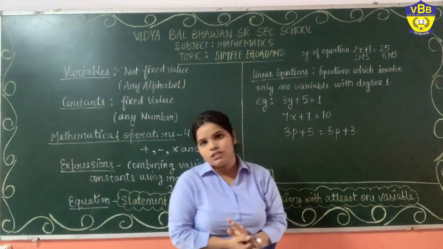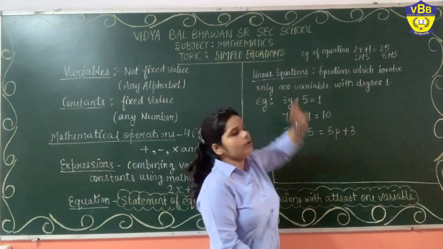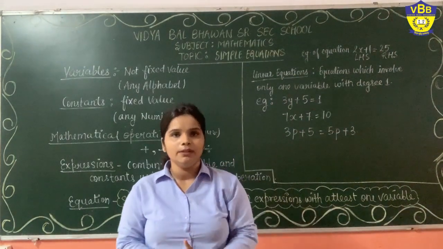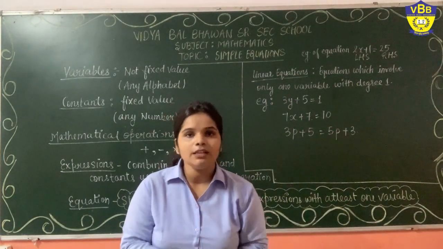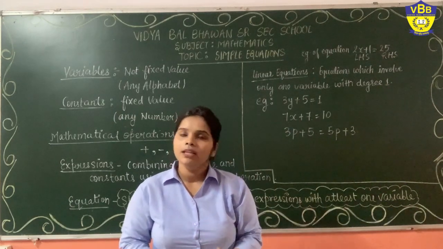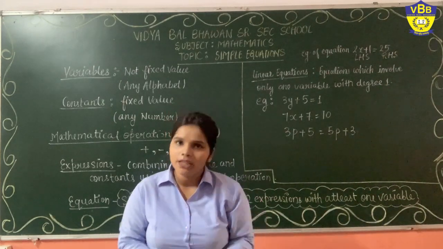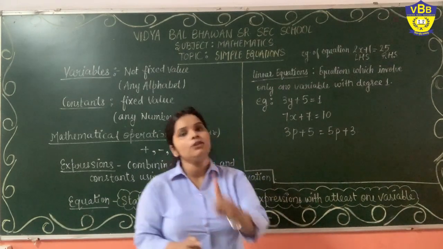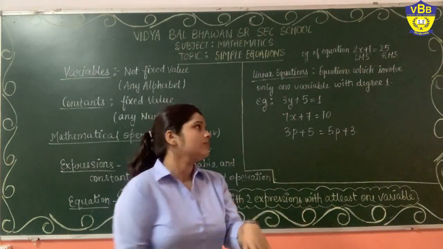Those equations are called linear equations in one variable. The thing is, an equation can have 1, 2, 3, as many variables as you want. But we are talking about equations having only one variable.